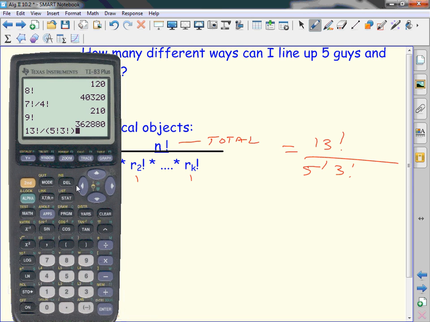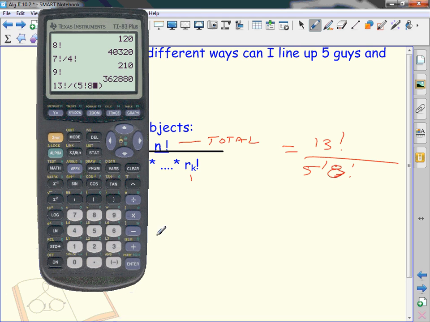Or 8, sorry. I couldn't see the problem. There. Divide, and I get 1,287 different ways. There's a lot of different ways.